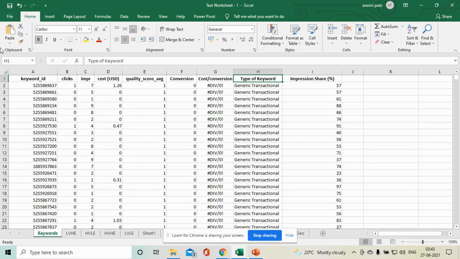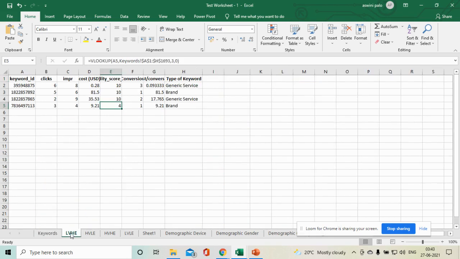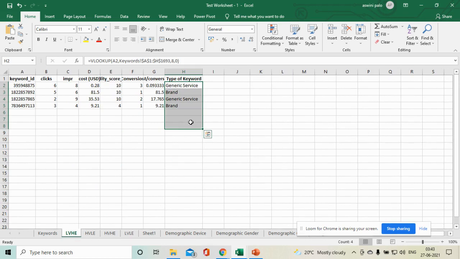So what do we need to do? We need to identify the category in which the keywords are falling. How can we do that? We have already segregated LVHE and HBLE keywords, so we will go there and do the analysis.